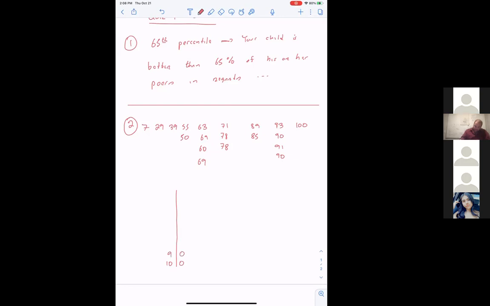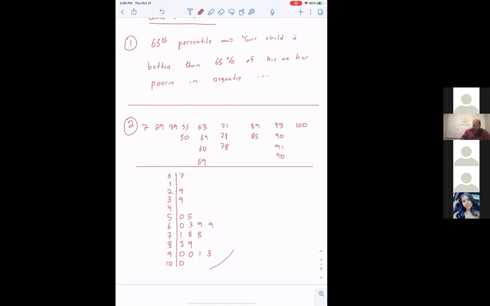Then 9 with 0, 0, 1, 3, then 8 with 5, 9, 7 with 1, 8, 8, 6 with 0, 3, 9, 9, 5 with 0, 5, 4 with nothing, 3 with 9, 2 with 9, 1 with nothing, and 0 with 7. And yes, before you ask, those gaps must be there. You can't skip over the 1 and the 4 just because there's no data.